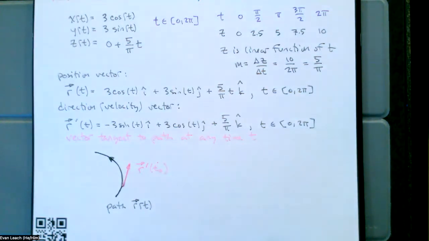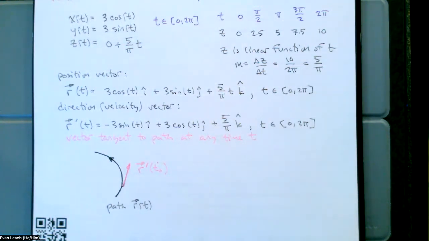The next thing that we're going to want to do is what we originally stated. Hopefully, I've been saying this every day since then, but we want to take this path and put it into a vector field. So here's our path r of t. Here's the direction at some point, t naught.